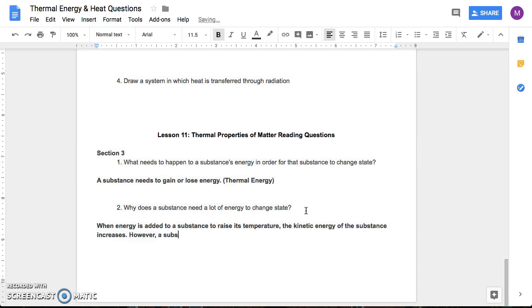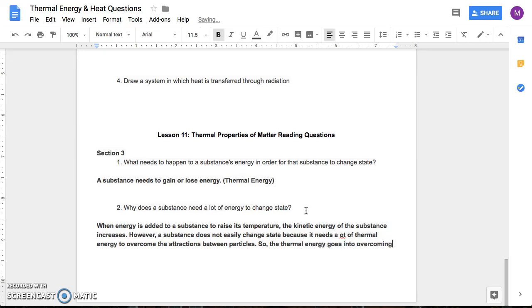However, a substance does not easily change state, and that's because it needs a lot of thermal energy to overcome the attractions between particles. So the thermal energy goes into basically overcoming those interactions.